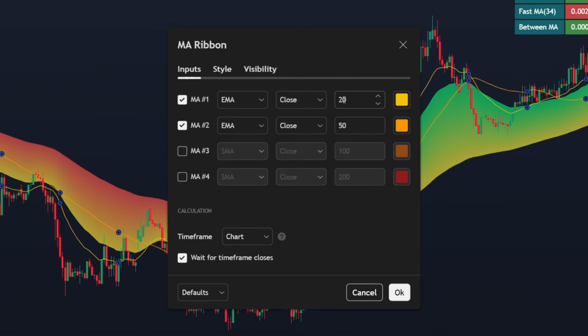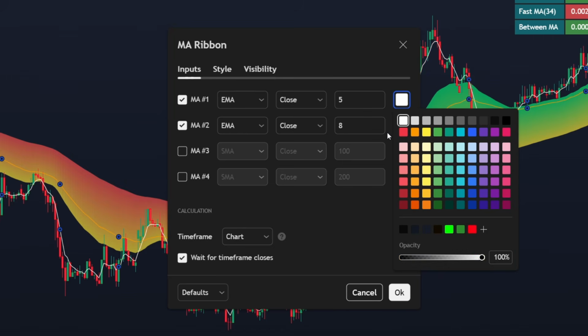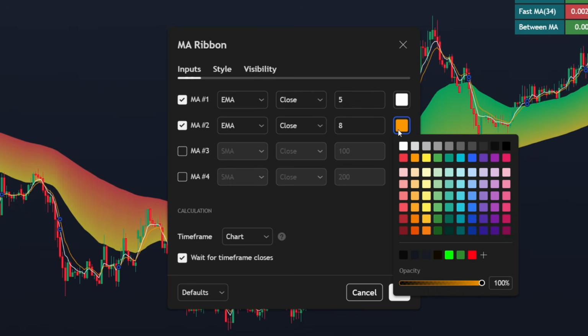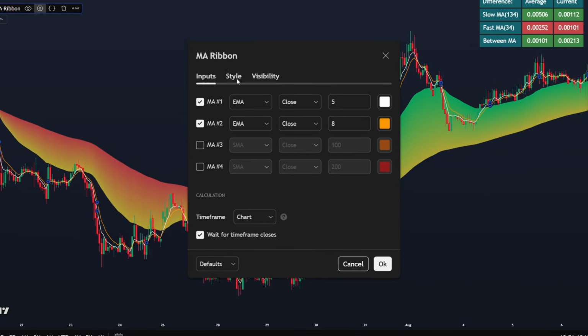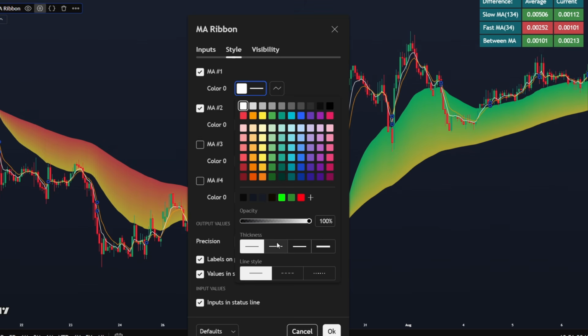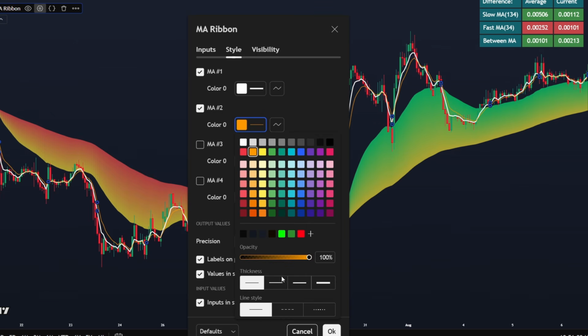For the first EMA, set the length to 5, and for the second EMA, set the length to 8. I'm going to make the 5 EMA white and the 8 EMA orange, just so we can easily tell them apart. And finally, under the Style tab, increase the thickness of both lines so they're clearly visible.